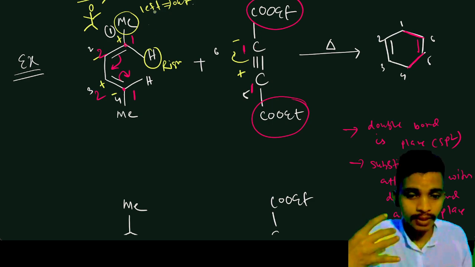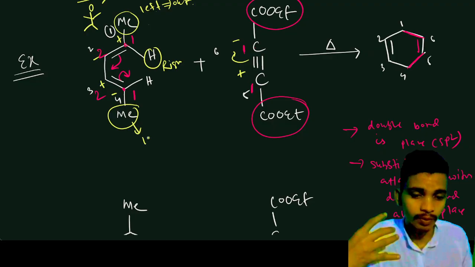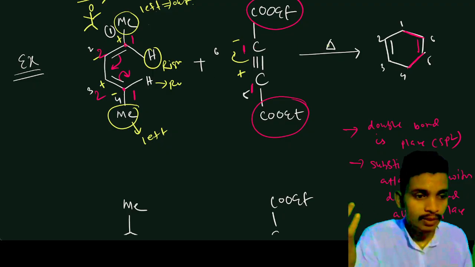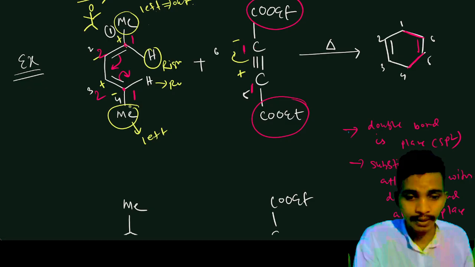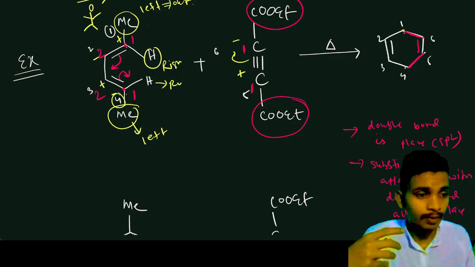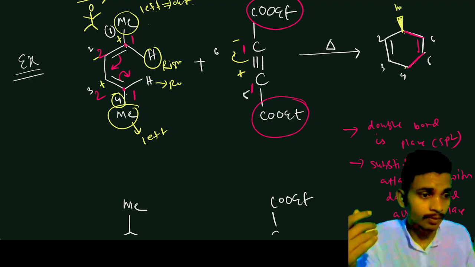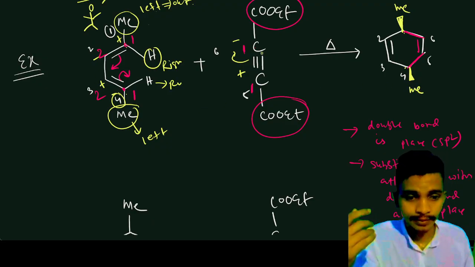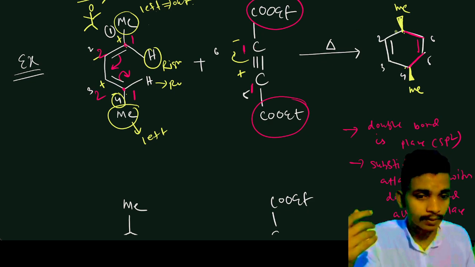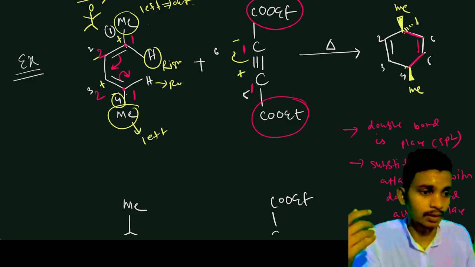So this out means left, and this is also out, so this is also left, and this is again going to be right. That is how we do the stereo, this is 1 and 4, and this is left. If I consider this as wedge, we can take wedge or dash, either one. If it is methyl, then this is also on the left, so all left will be taken as wedge. And this hydrogen is on the right, so we can take that as the hydrogens.